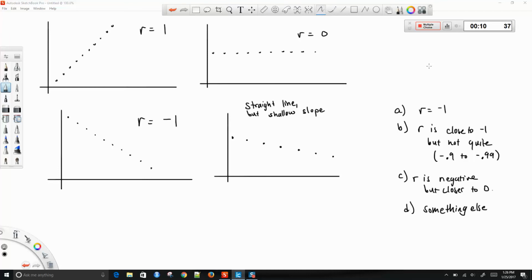You can discuss with your neighbors what you think the answer should be. So the dots are in a straight line.